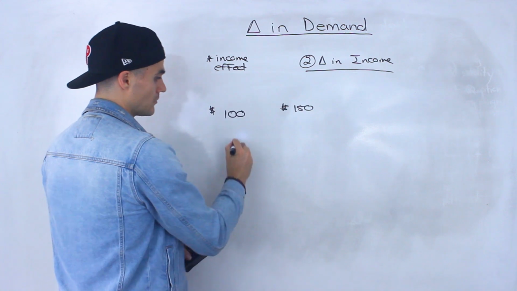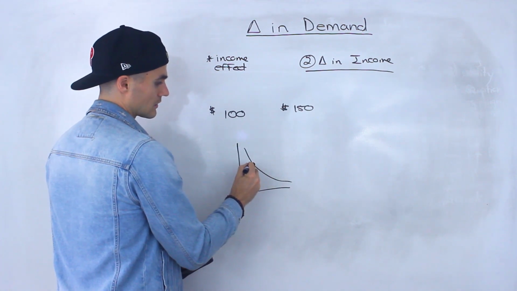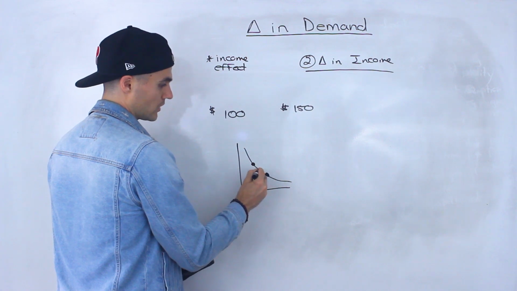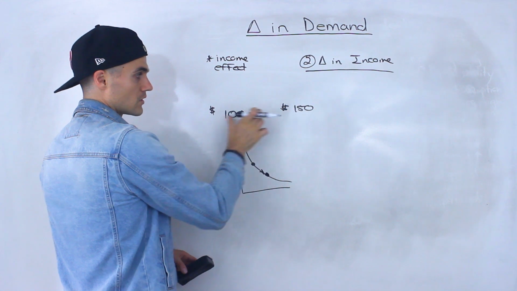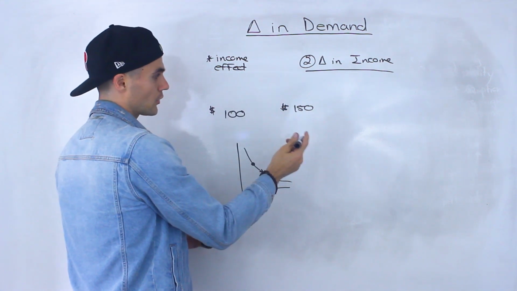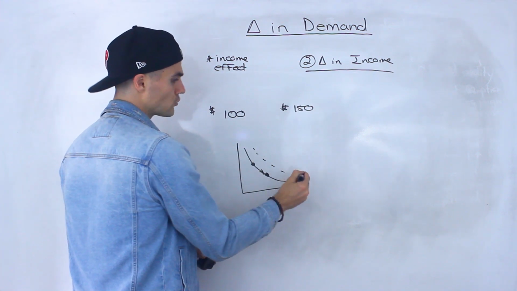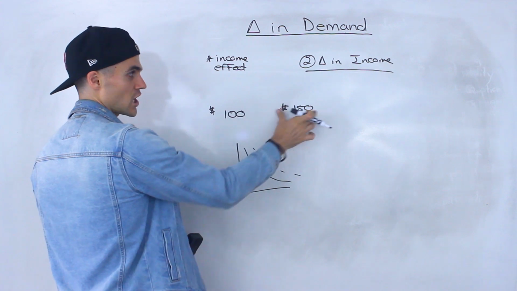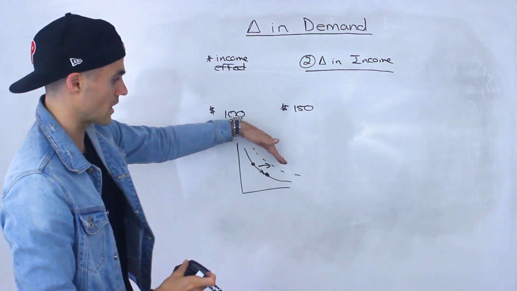Okay, so the income effect was a way to explain how we go from this point to this point. But a change in income, so if we go from $100 to $150, if we're talking about a normal good, which I'm going to get into soon, for most goods and services, an increase in income is going to shift that curve to the right.